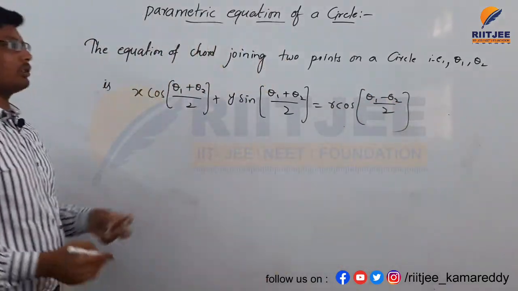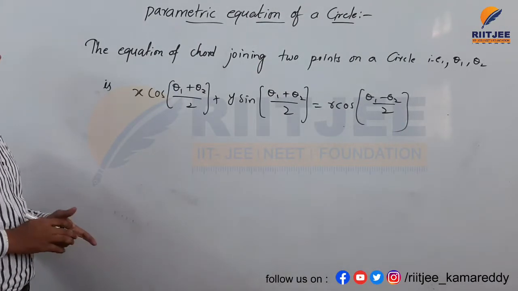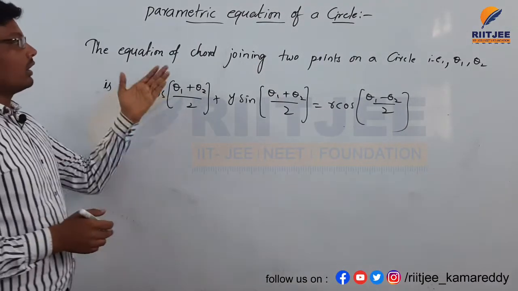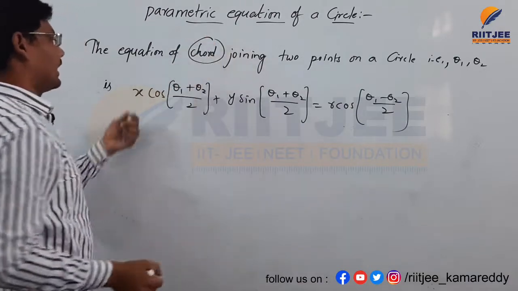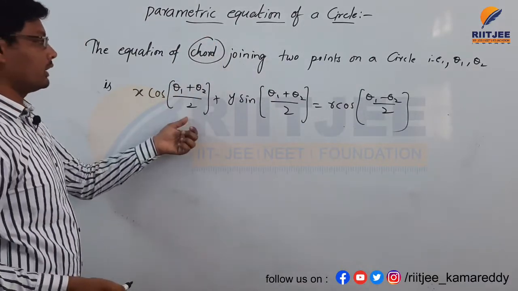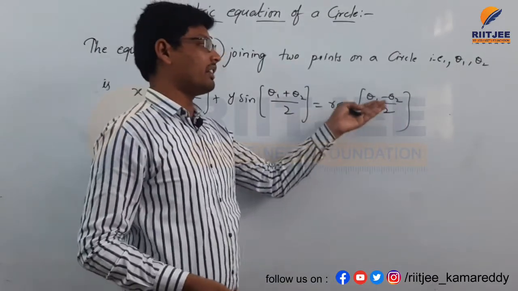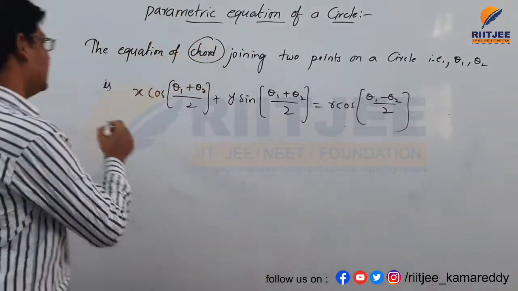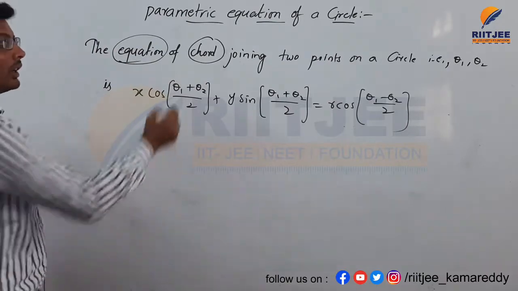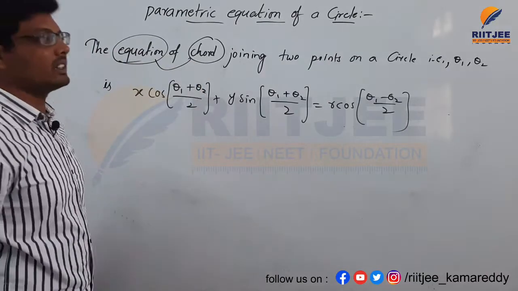Here theta 1 and theta 2 are the angles made by the points of the chord on the circle. This is the equation of a chord joining 2 points on a circle.